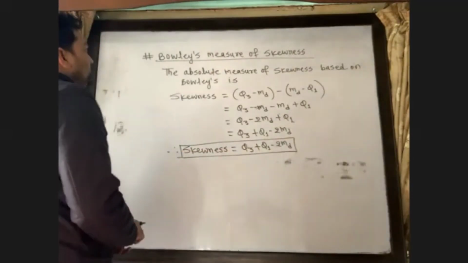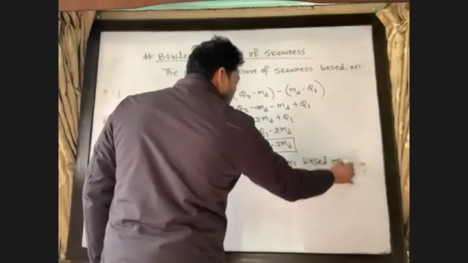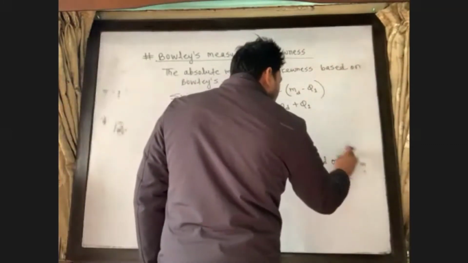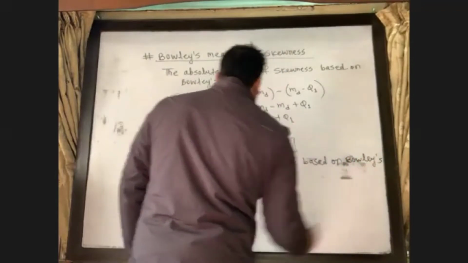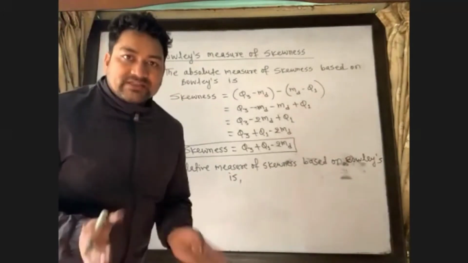Now we have the relative measure of skewness based on Bowley's. This is called Bowley's coefficient of skewness. The relative measure of skewness is Bowley's coefficient of skewness.